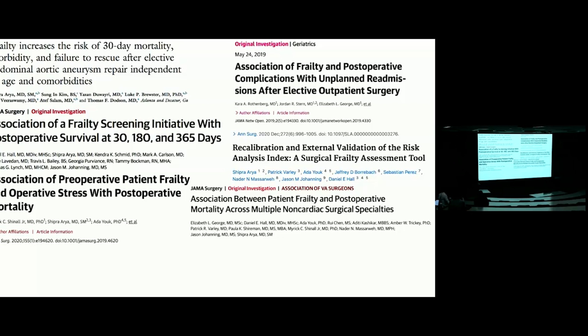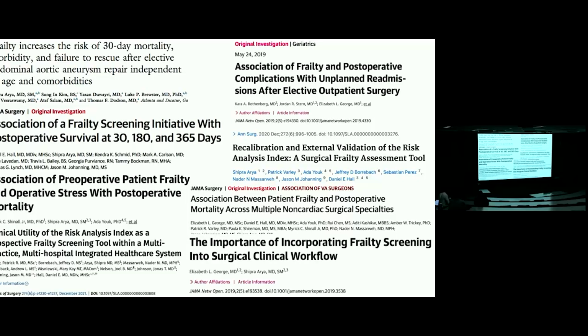We also showed that it doesn't matter whether you're having a small surgery like a hernia, a Whipple, a carotid, or an EVAR. Every specialty is affected by poor outcomes associated with frailty. And we've shown that you can integrate it into clinical workflow, whether you're in a VA healthcare system or a private healthcare system.